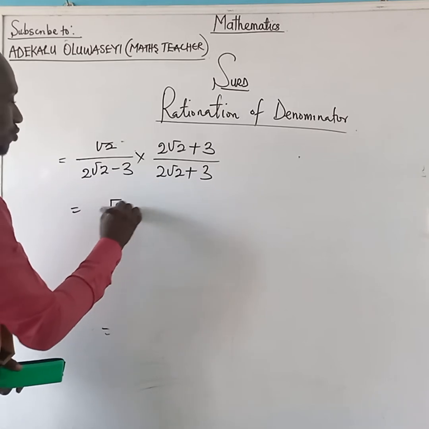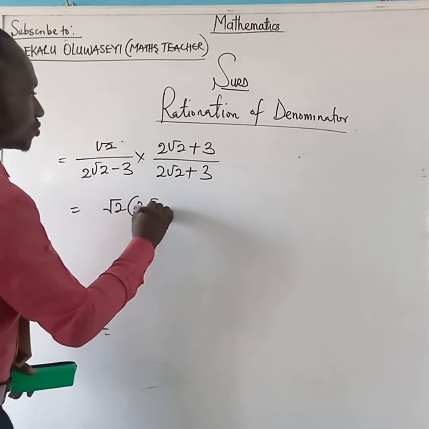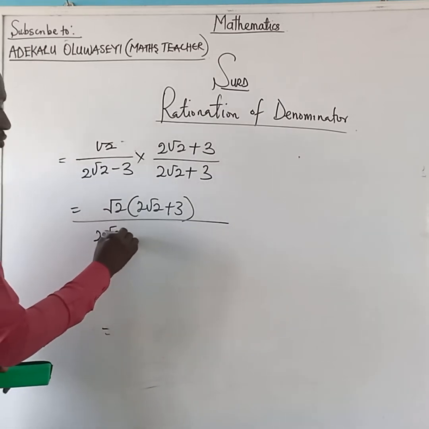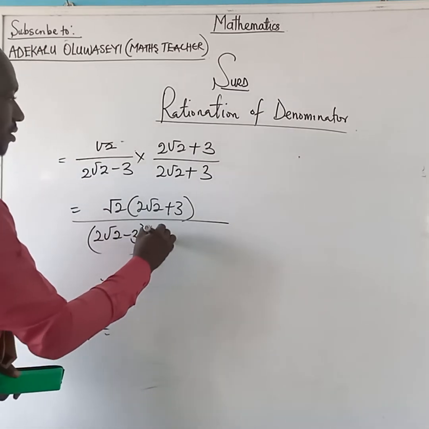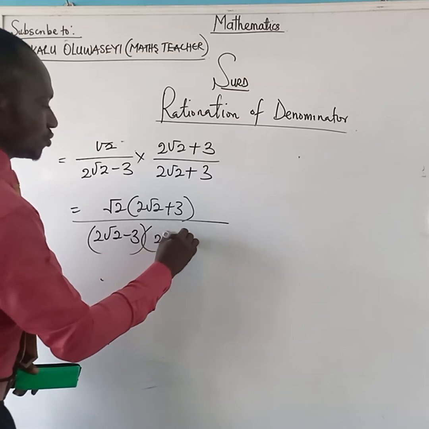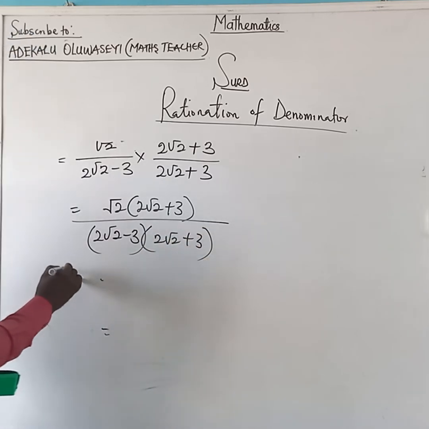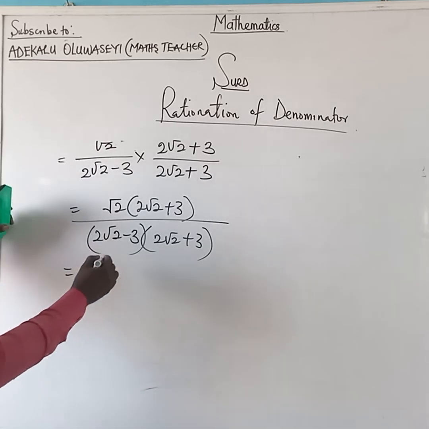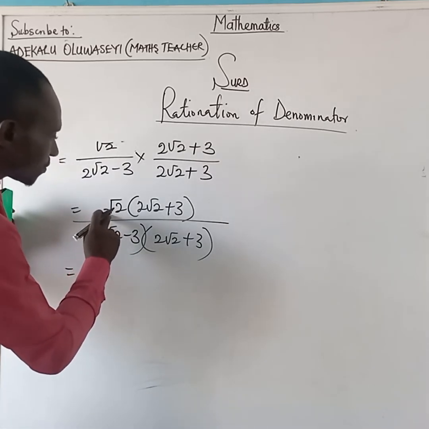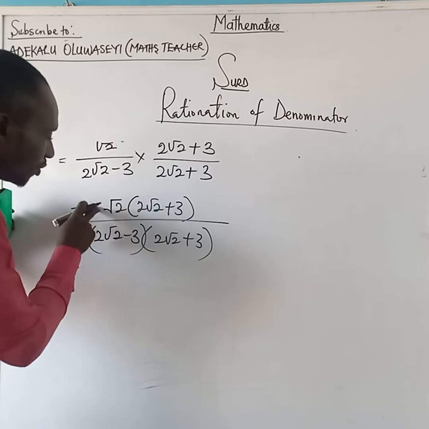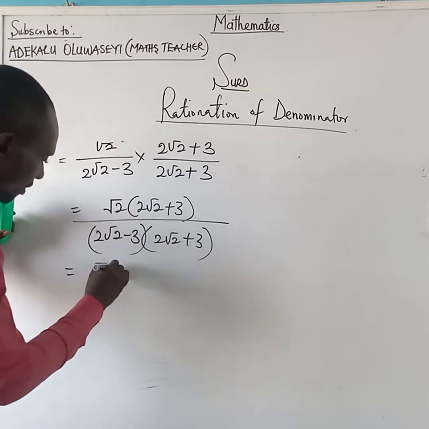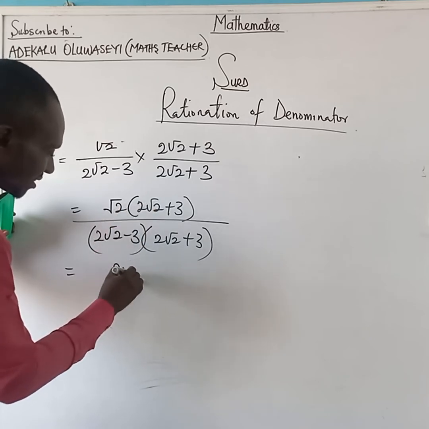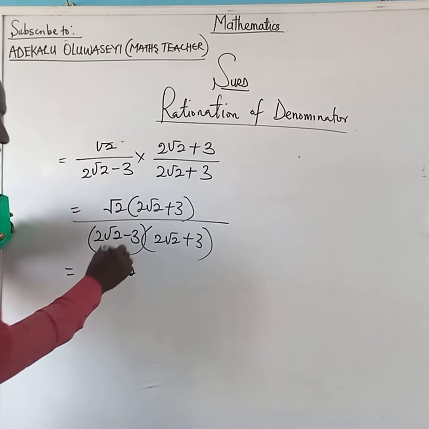So we multiply them together. We have root 2 times 2 root 2 plus 3 divided by 2 root 2 minus 3, then 2 root 2 plus 3. By expanding, by opening the brackets, root 2 times 2 root 2, we multiply number with number, 1 times 2 gives us 2, and root 2 times root 2 gives us 2, so 2 times 2 is 4.